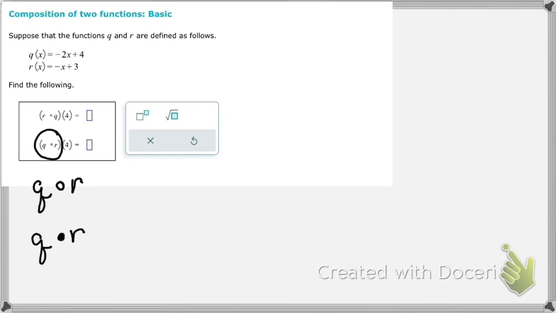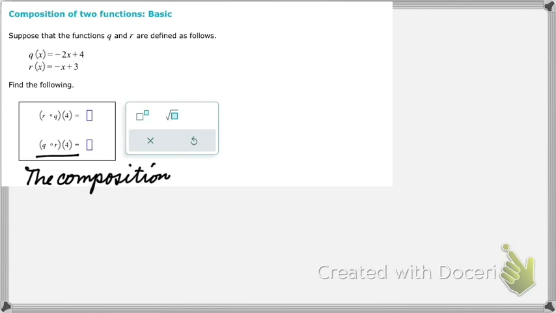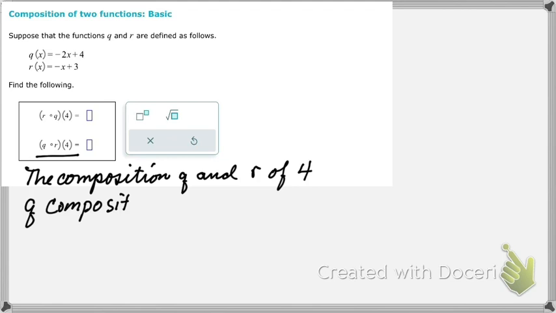So the open dot is composition, and the way this would be read, if I take this bottom one here, is the composition Q and R of 4. I could say Q composite R of 4.